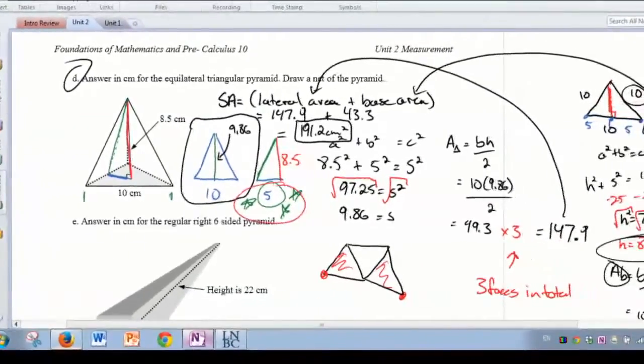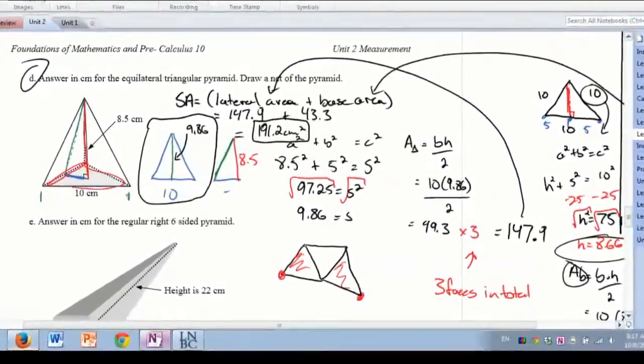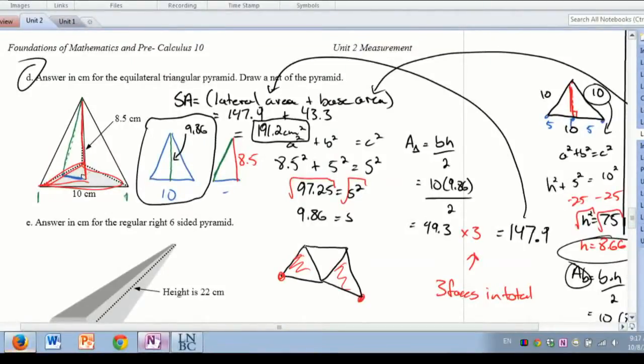This is where my little error was, and I want to explain what the error was and then how to make it right. When I was calculating the area of the triangle on the bottom, this equilateral triangle here, I took the distance from the center to the edge to be 5.